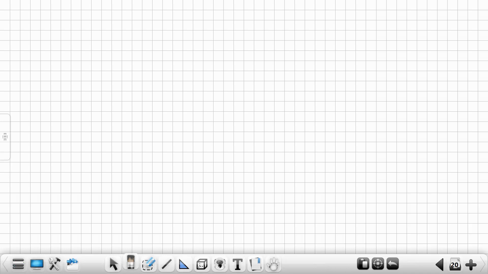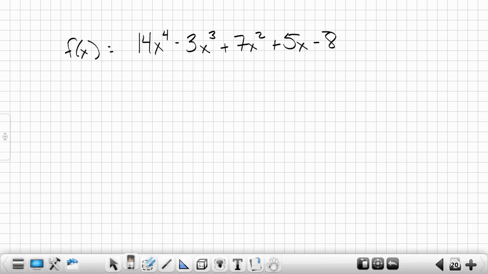So, if I said 14x to the 4th minus 3x cubed plus 7x squared plus 5x minus 8, and I asked you in Algebra 1, and let's say this was f of x, and I said, oh, this is just the function, and then I said, what's f of 6?